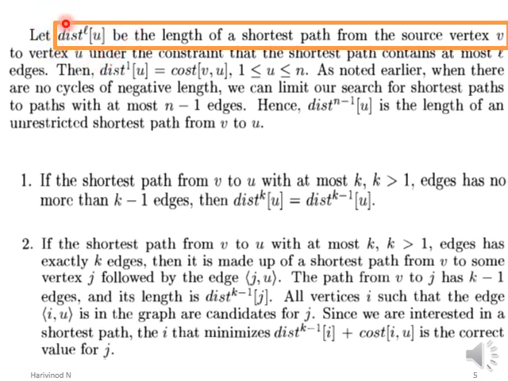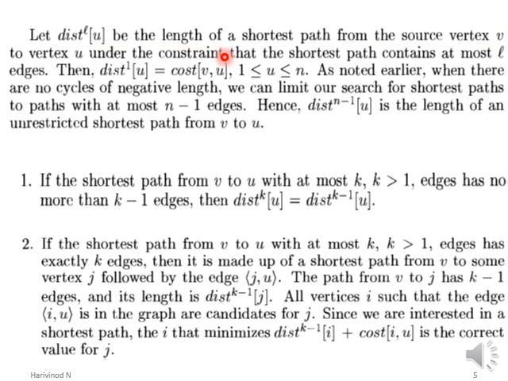This represents the shortest path distance from the source vertex V to U by using at most L number of edges. I repeat, dist L of U represents the length of the shortest path from V to U with at most L number of edges.